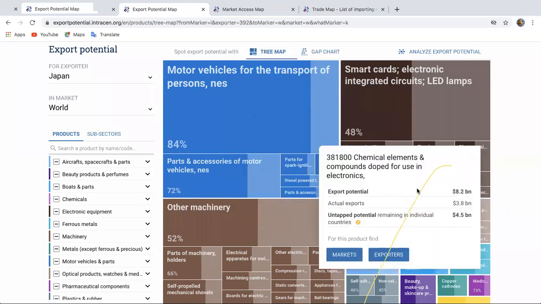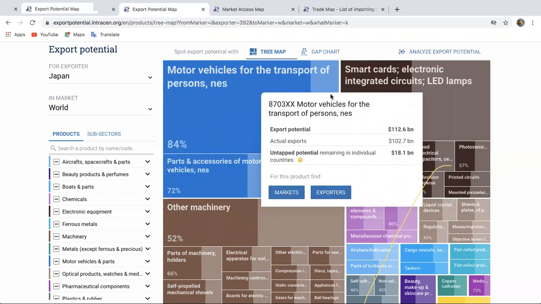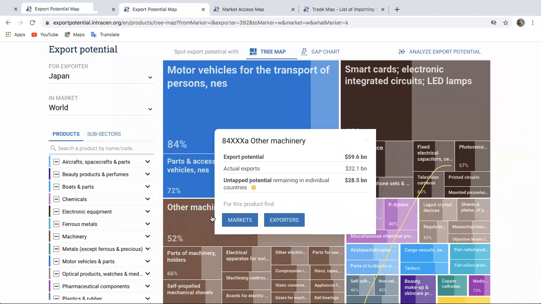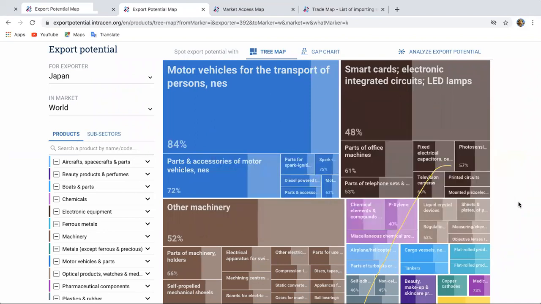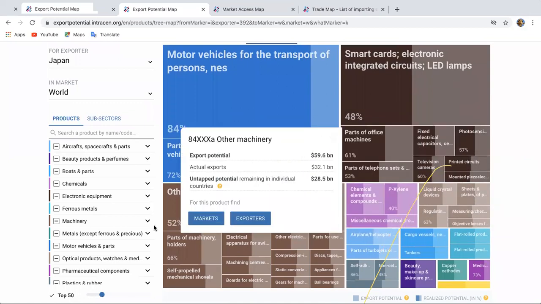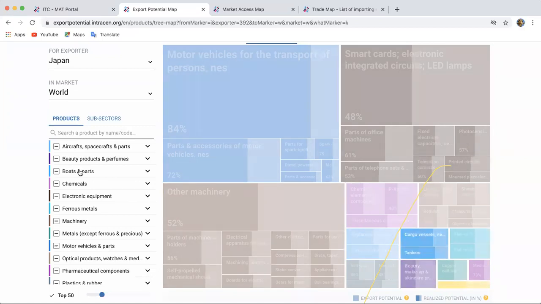So this is all ranked, or how do you say, clustered according to the sector that these products are in. So it's harder to see in this view what is the product with most export potential, but you can see which sector is actually showing a lot of promise. And the sectors are also listed here.